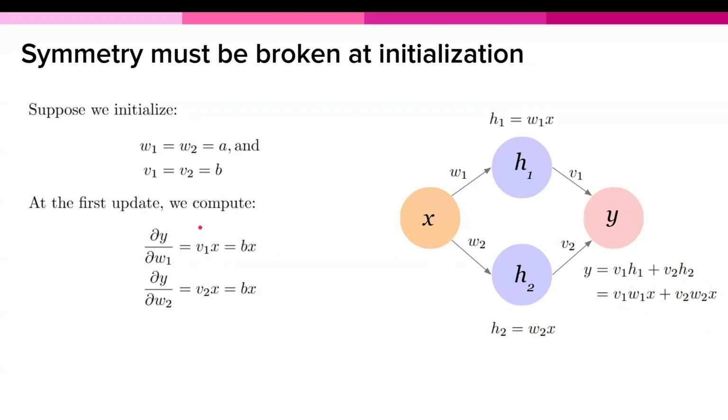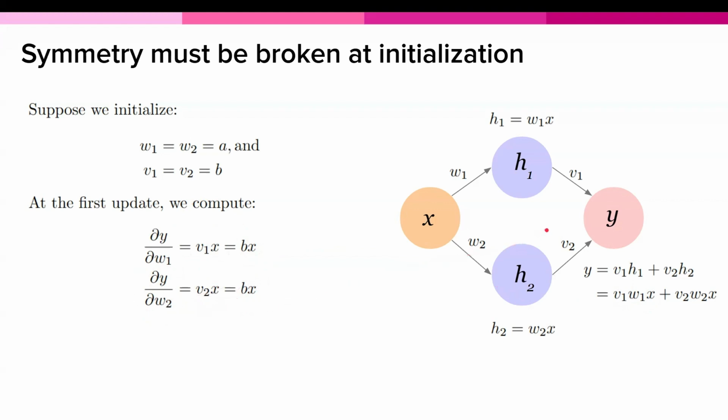So that's going to give us Bx. And then the same thing if we try to compute the gradient of the output with respect to W2, that's just going to be V2x, which is going to give us Bx, so the same argument. And so this symmetry is going to persist at every single update.